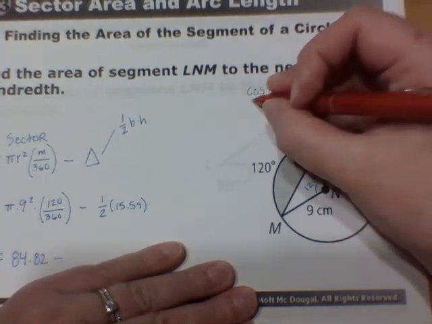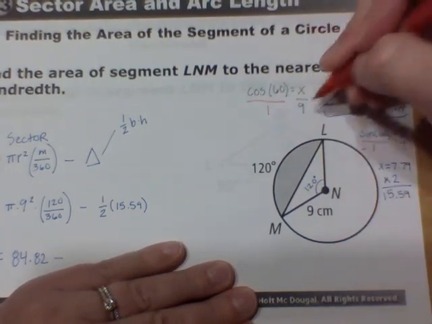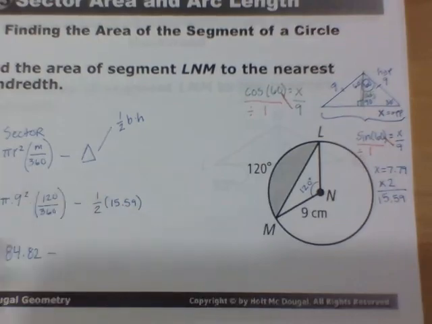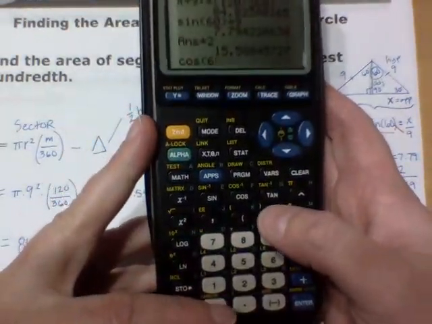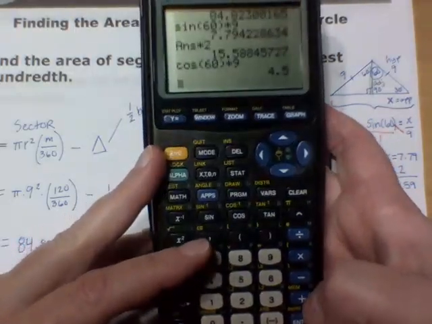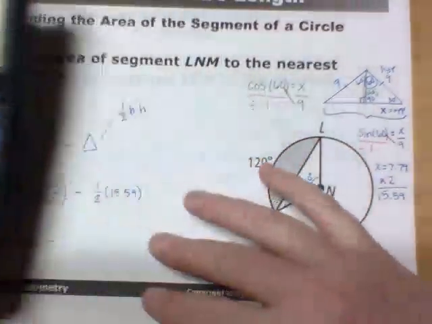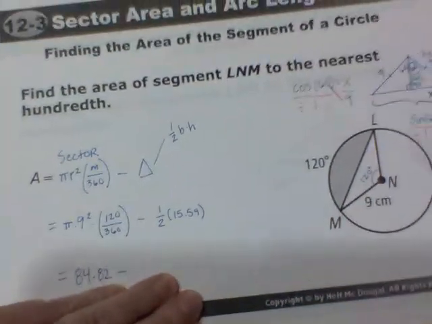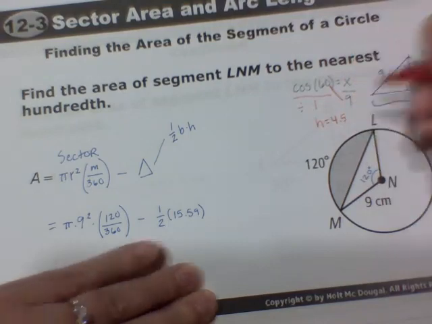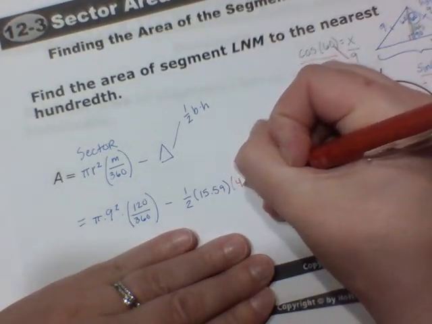So to solve this, set up a proportion, multiply the diagonal, and divide by the other digits. So we get cosine of 60 times 9, and that's 4.5. So that means that the height is 4.5. So we put that in over here.